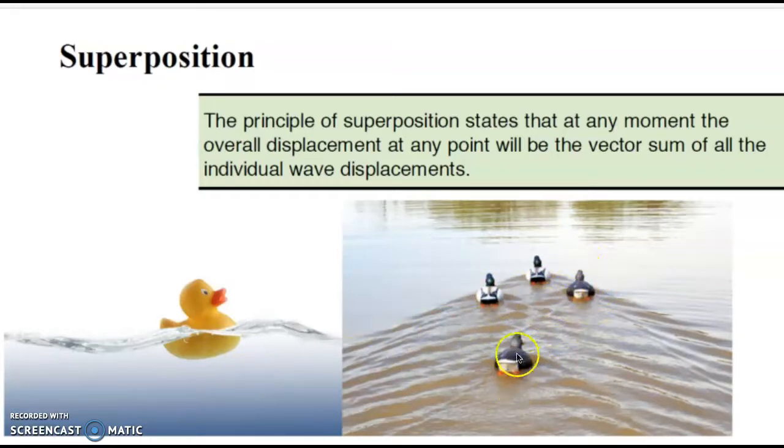So in effect, he's going to get this kind of extra amplitude to his vibration. So the amplitudes reaching this duck are going to be the vector sum of the individual waves coming from this one and this one, and possibly maybe even some of that one.